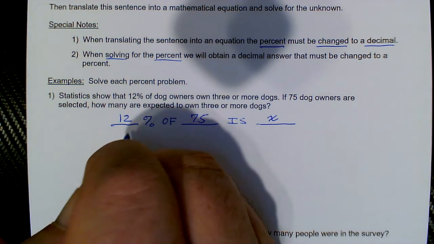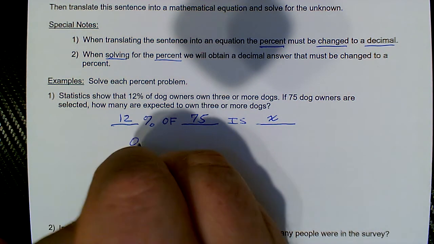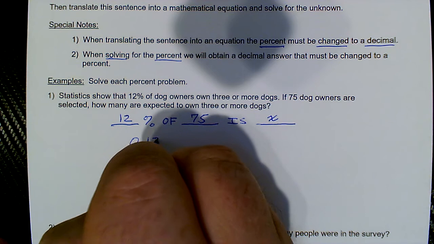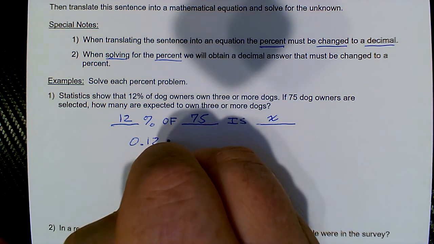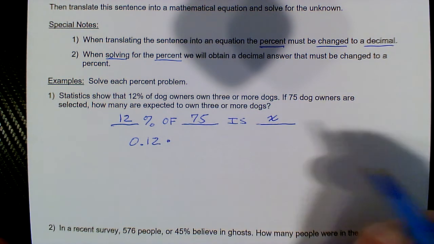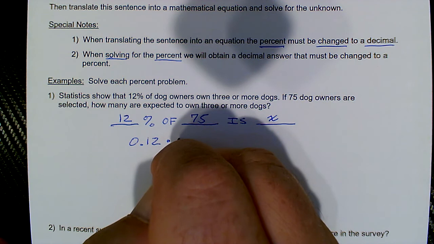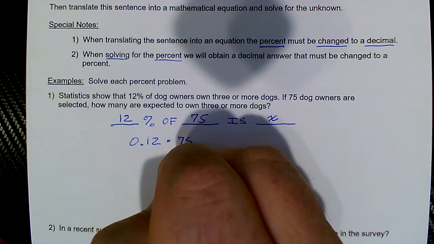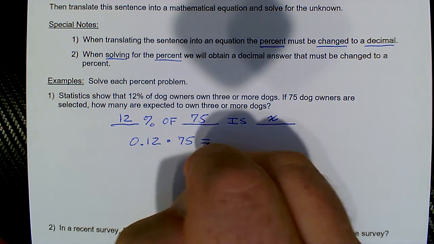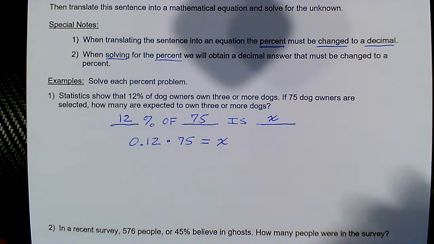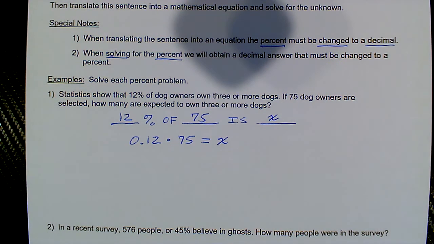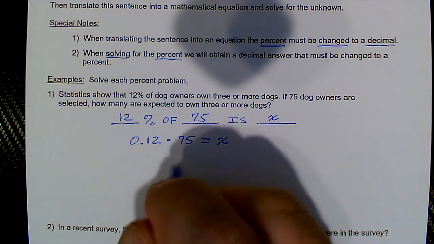So once you discern that, translate to a mathematical equation. Remember, change the percentage to a decimal 2 places to the left. Of means multiplied, and so 0.12 times 75 is X, and it is just a simple multiplication. So 0.12 times 75 is 9.